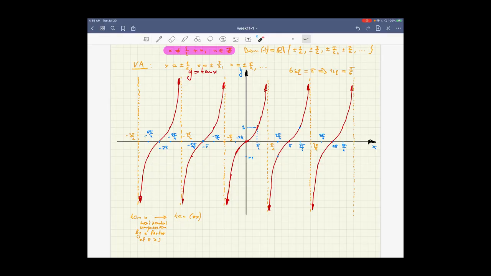And I need to choose a new scale so that it's comfortable for me. Say, for instance, I will choose 1/2 to be 2 squares.